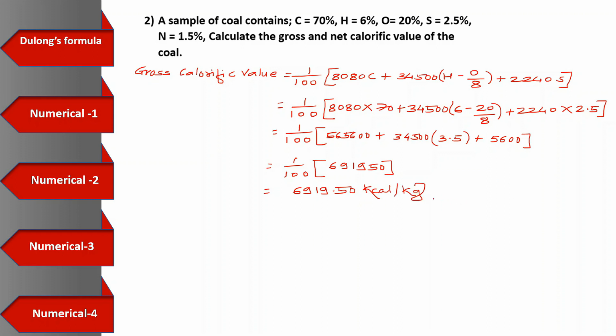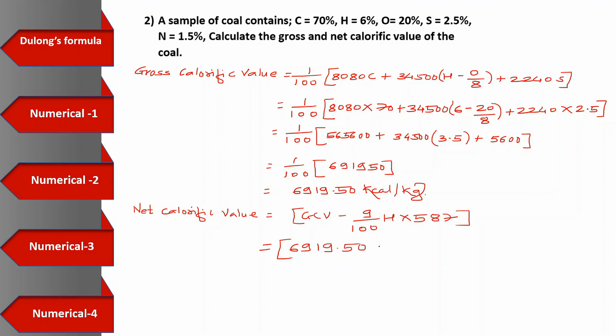The gross calorific value is 6919.50 kilocalories per kg. After calculation of the gross calorific value, we calculate the net calorific value by using the formula GCV minus 9 upon 100 H into 587. Put the value of the gross calorific value: 6919.50 minus 9 upon 100 into percentage of hydrogen, which is 6, into 587.